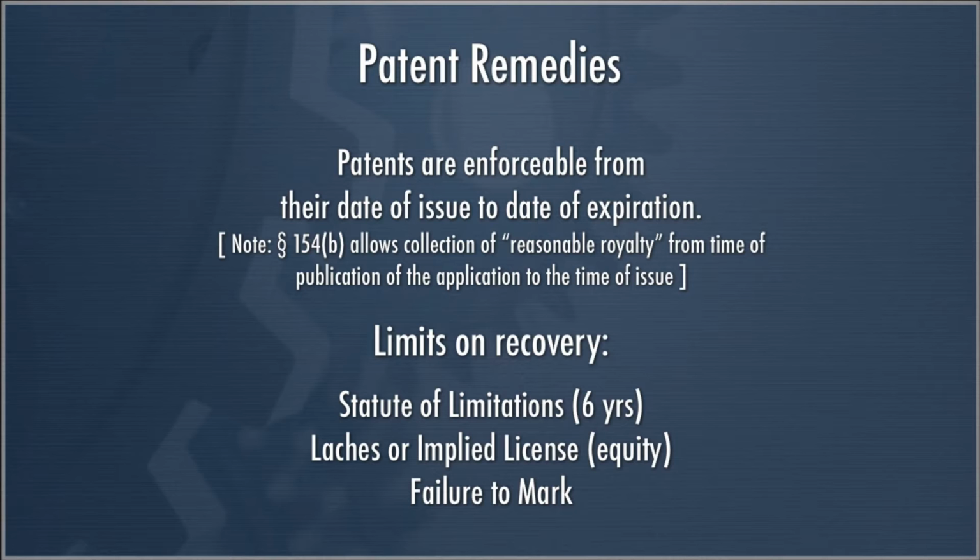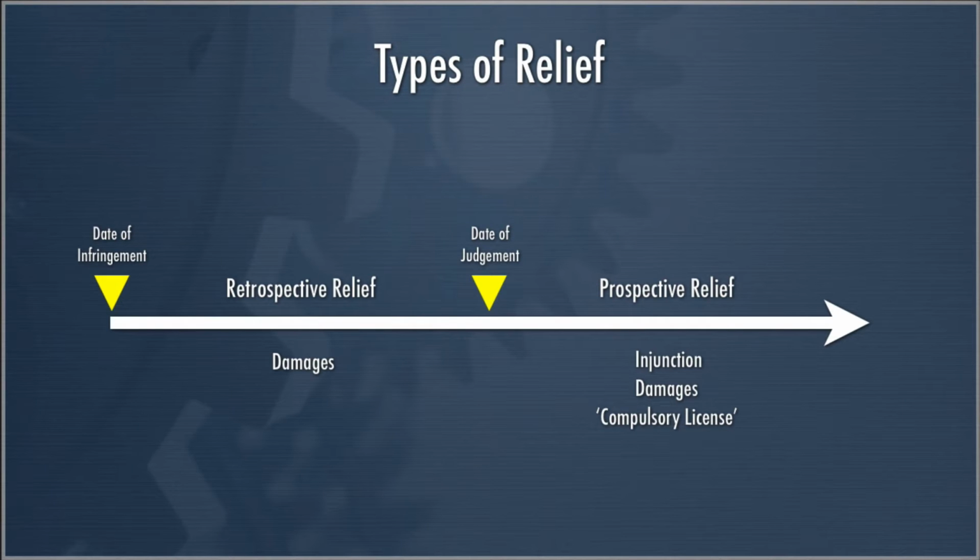All right, so here are the basic types of relief. From the date of infringement to the date of judgment: the date of infringement obviously has to be after the grant of the patent, but could be somewhere thereafter. And then at some point later, there's a judgment date, when the court actually determines that infringement has occurred and validity is okay and things like that.